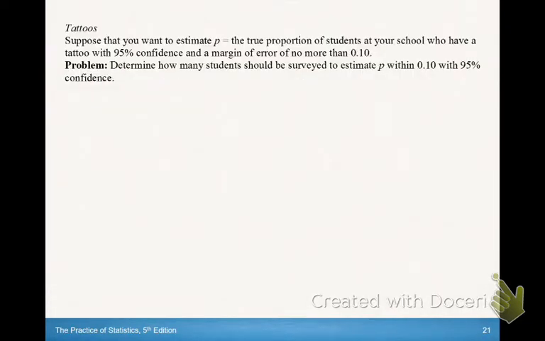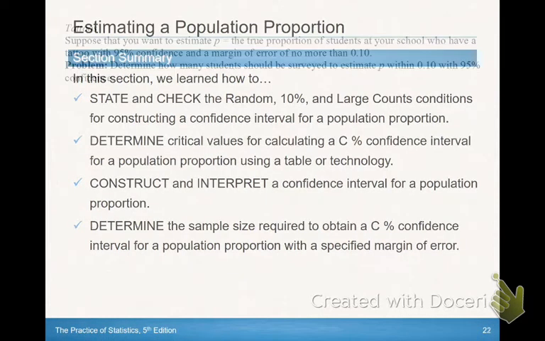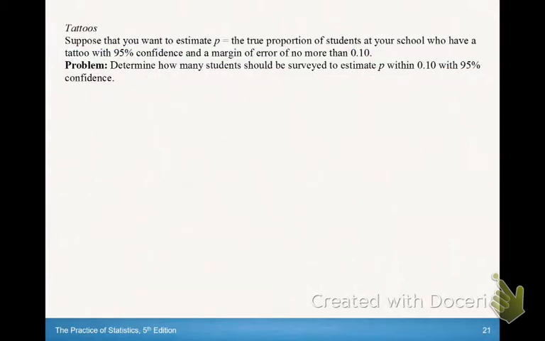So here we go. Suppose we want to estimate P, the true proportion of students in your school who have a tattoo with 95% confidence and a margin of error of no more than 0.1. Determine how many students should be surveyed to estimate P within 0.1 with a 95% confidence interval. Okay, so for a 95% confidence interval, our z star is going to be 1.96 again.